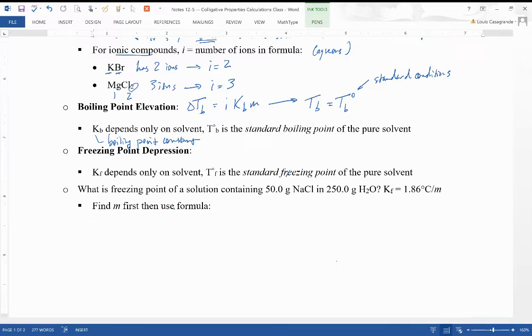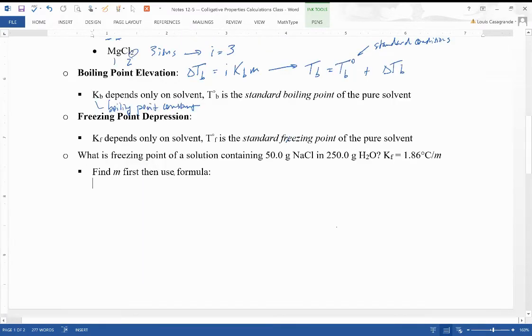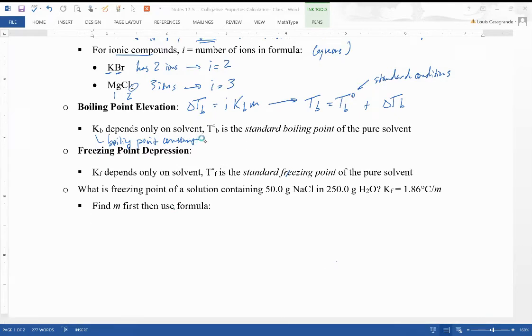And since it's an elevation, we're going to add the delta T_B that we calculated. As I said, this boiling point constant depends only on the solvent. So for water, it's always the same.